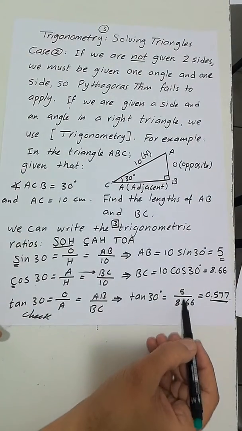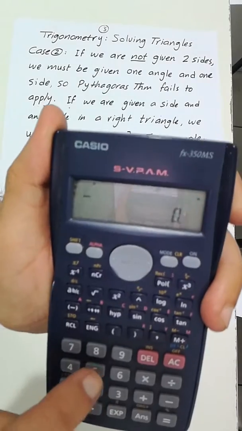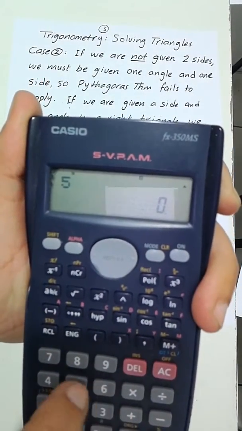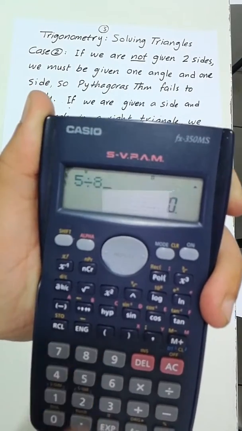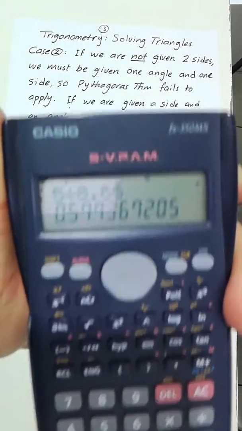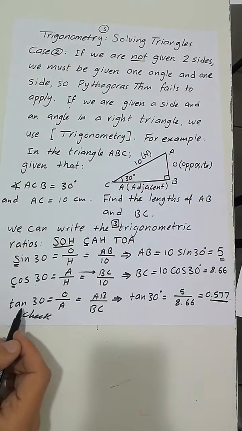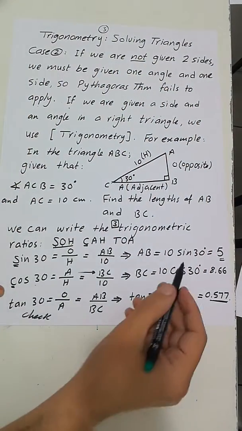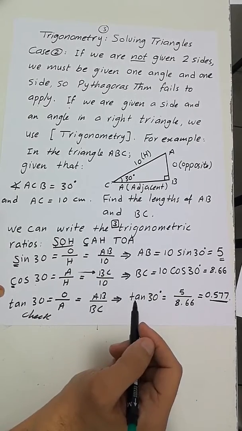If we divide 5 by 8.66, you get the same value. So sometimes I use the third ratio to check whether I did right or wrong. And you'll understand better in the next video as well. Thank you for today.